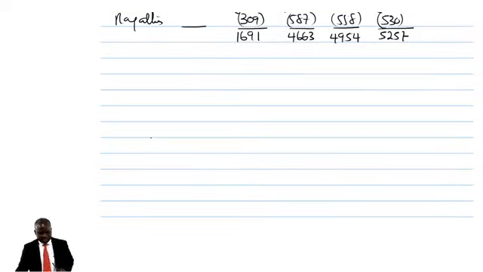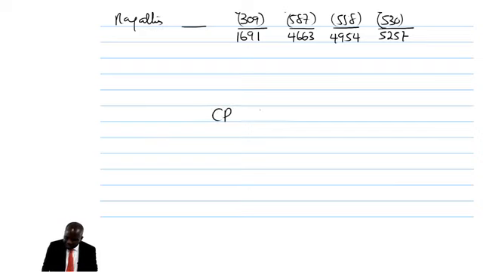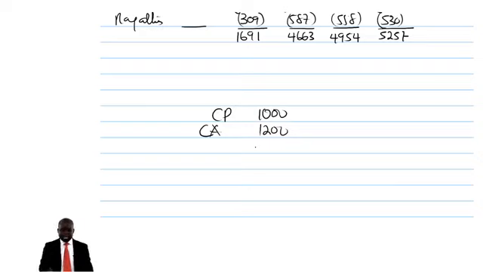Don't copy this. Assuming my cash profit is 1,000, my capital allowance is, let's say, 1,200, and tax rate is 30%.